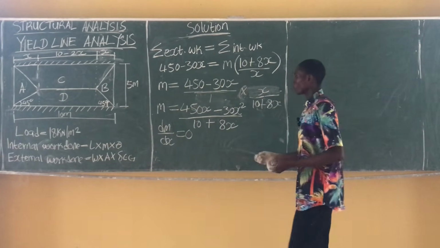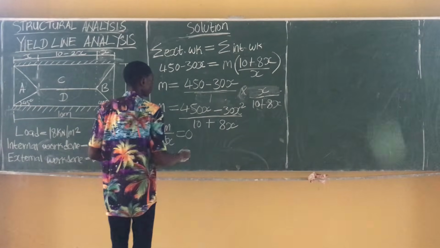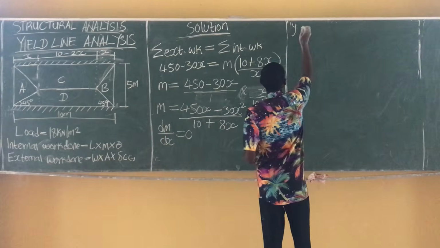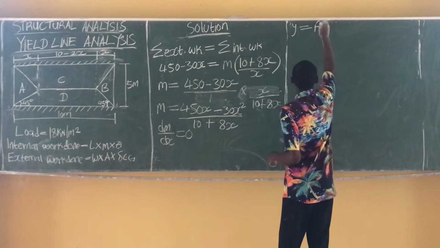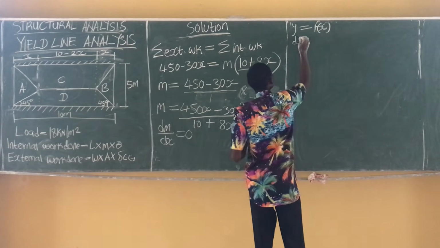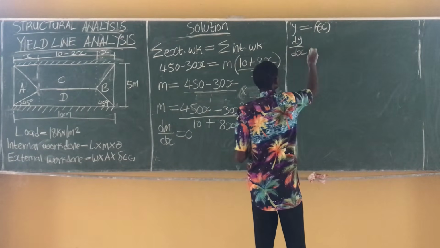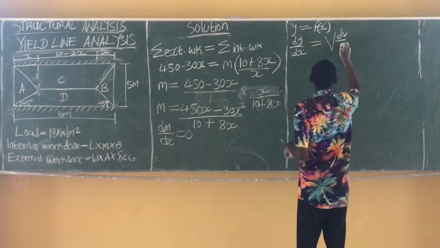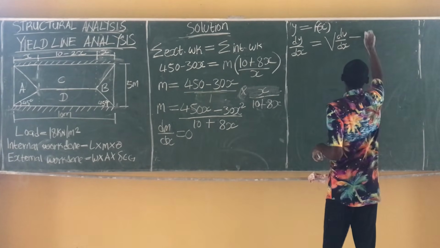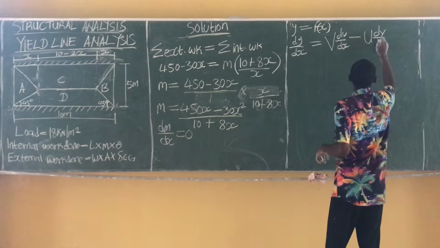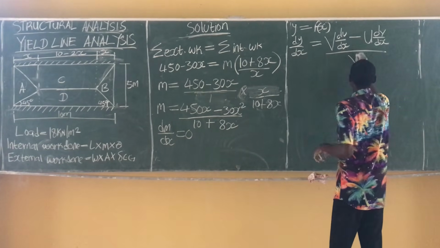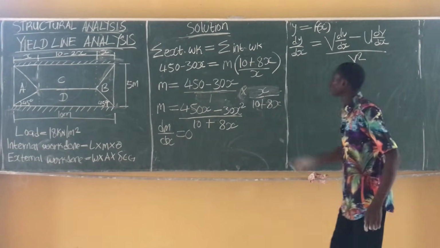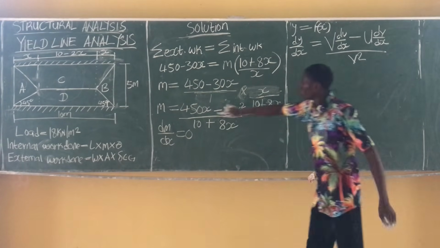Just as a reminder, for quotient rule, if y is a function of x, dy/dx is expressed as v du/dx minus u dv/dx all over v squared, where v is the denominator and u is the numerator.